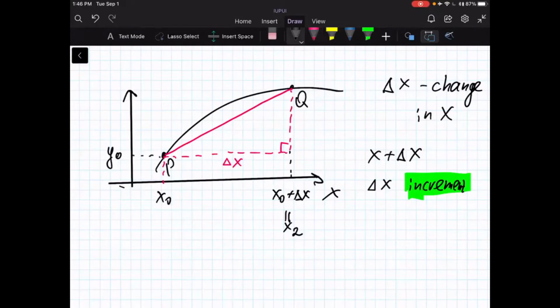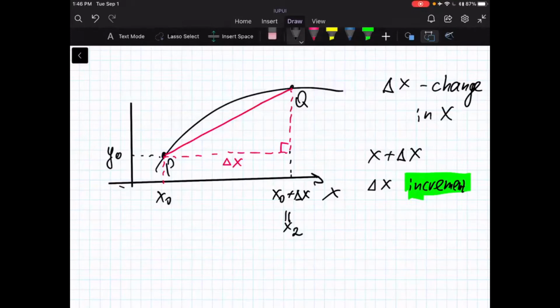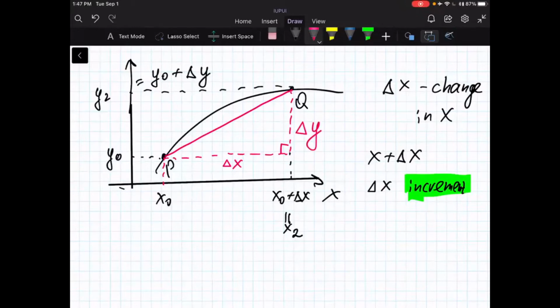Initially I have y0, and then I obtain y2, which I will think of as y0 plus some delta y. And again, delta y is just the side of this triangle PQ, and let's call this point L.